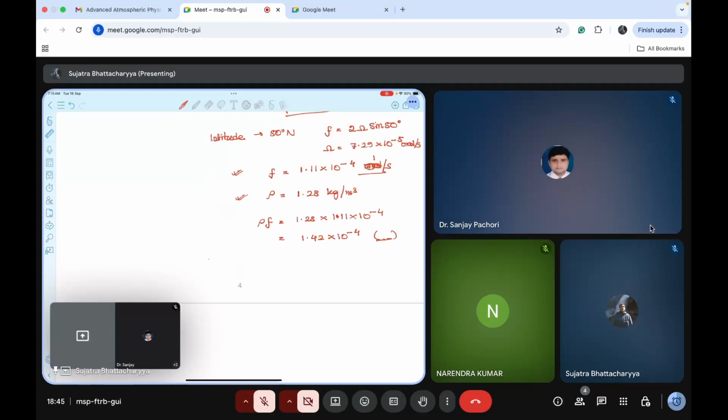Now, what should be the geostrophic wind? This is the question.